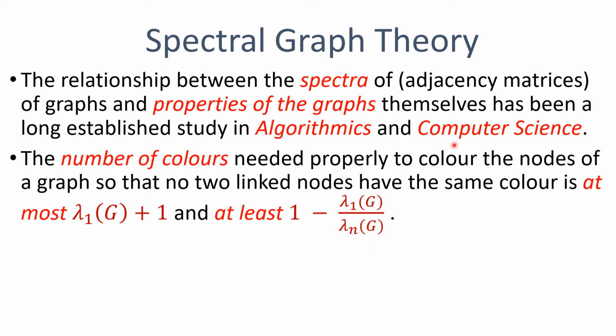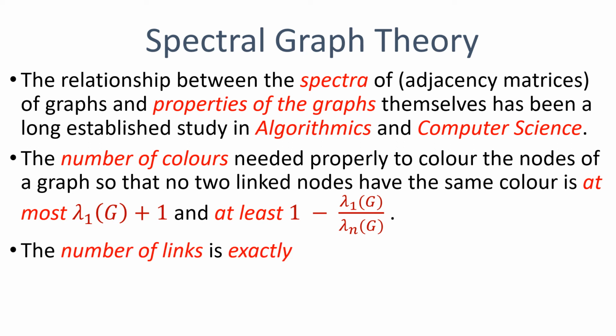Then we can show that the number of colors we need is at most the largest eigenvalue plus 1, for the adjacency matrix of the graph, and it's at least this quantity here. So spectral graph theory allows us to give bounds on the number of colors we need to color the nodes of a graph.